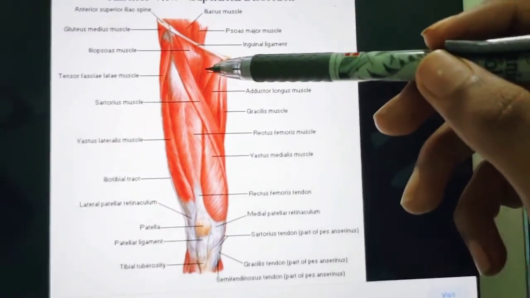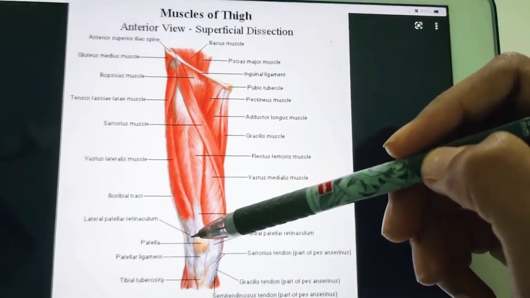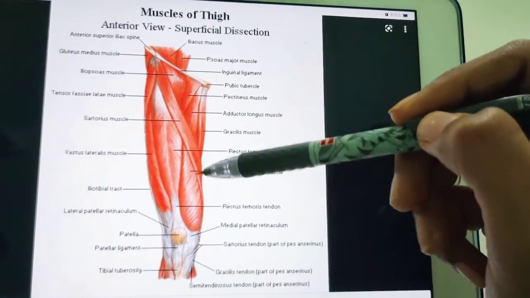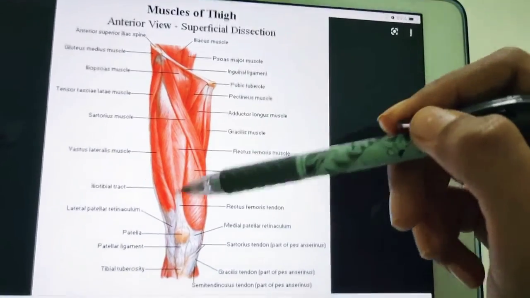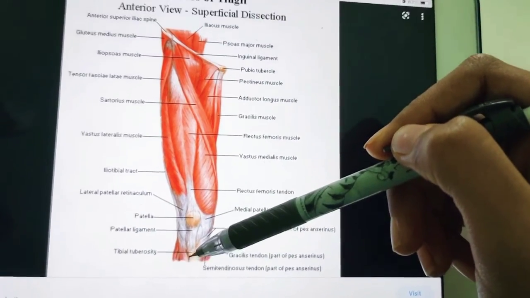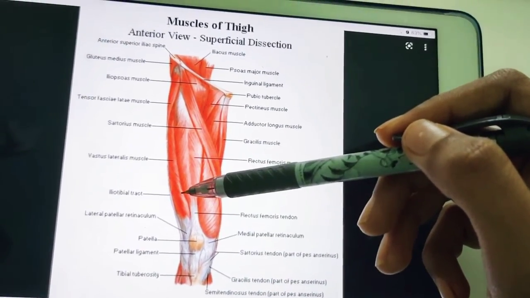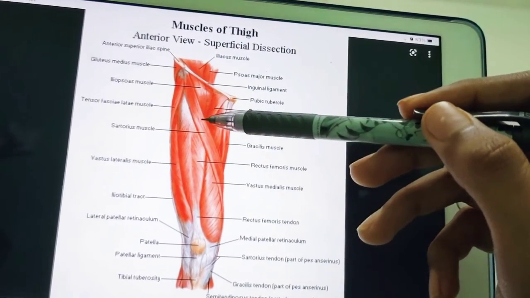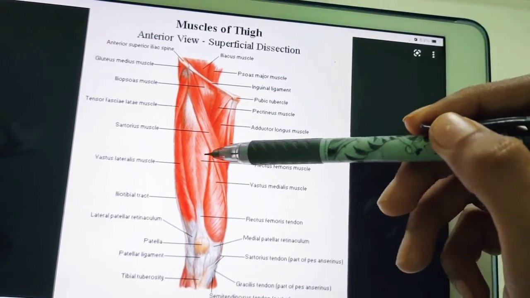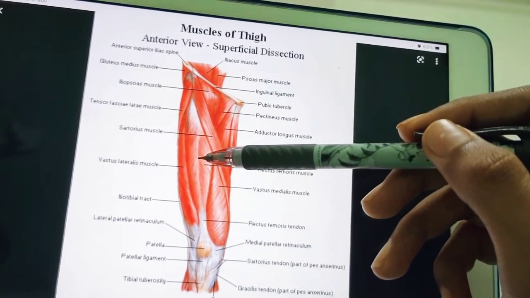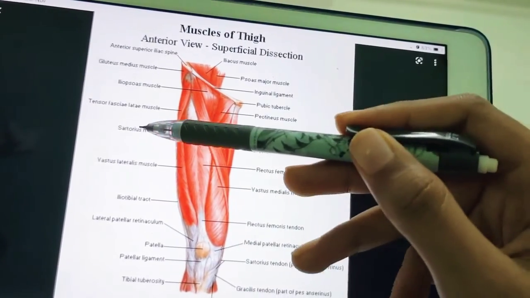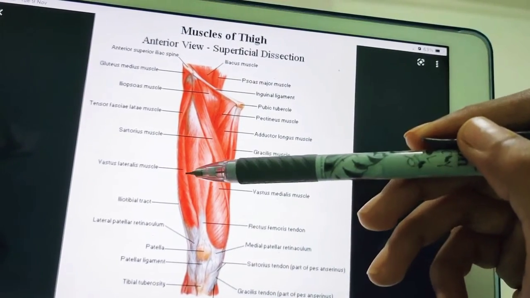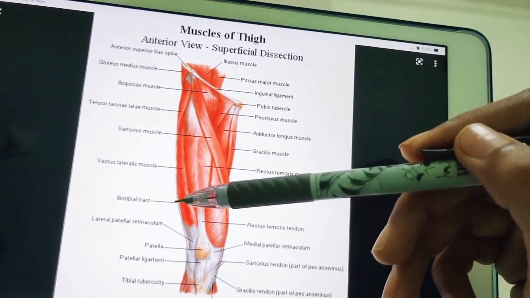In the extensor compartment muscles you have some exceptions, and one of them is the sartorius. All these actions are mainly involved in assuming the position in which a tailor sits and works. The name sartorius comes from tailor. How the tailor sits, you can understand that position, right?